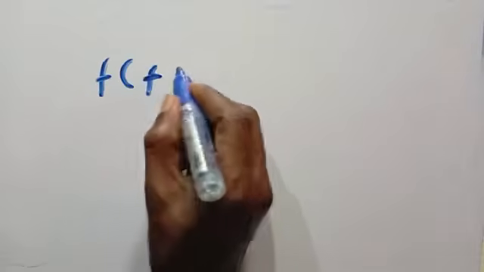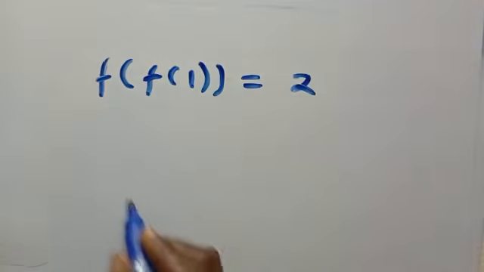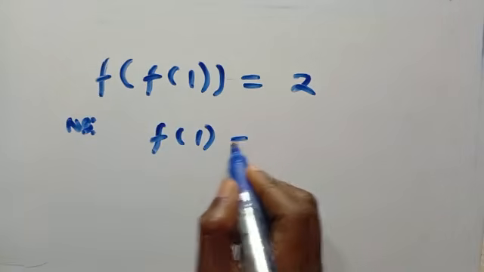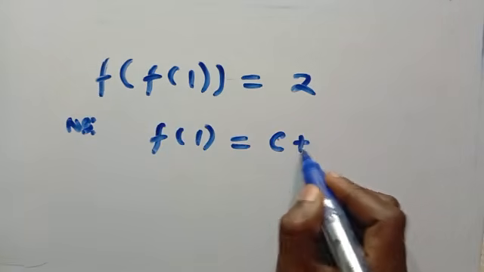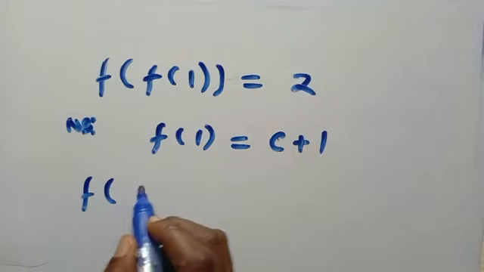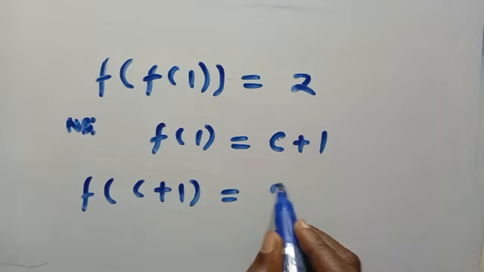So f of 1 equals 2. But note that f of 1 from above is given as c plus 1. So let's replace it here. We have f of c plus 1 equals 2.